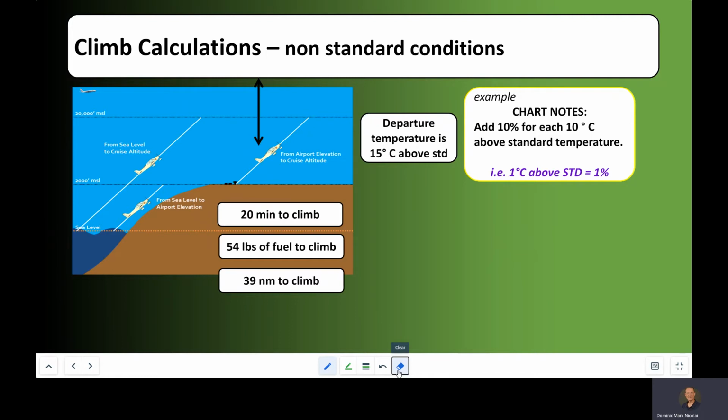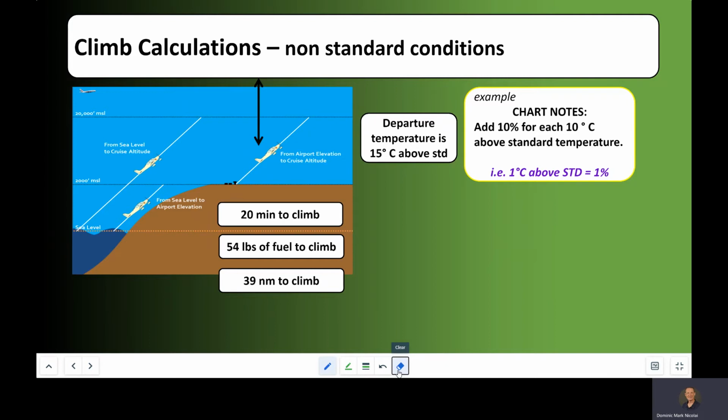So look at that carefully, that 10% in 10 degrees means you have a 1-to-1 ratio, which really means every time you're 1 degree Celsius above standard, you're going to add 1% on to your numbers. If you're 3 degrees warmer, then it's a 3% increase.